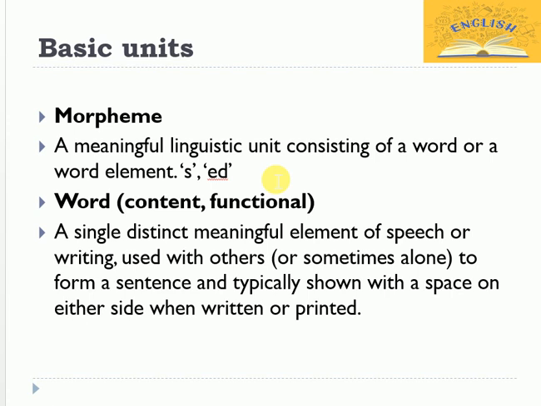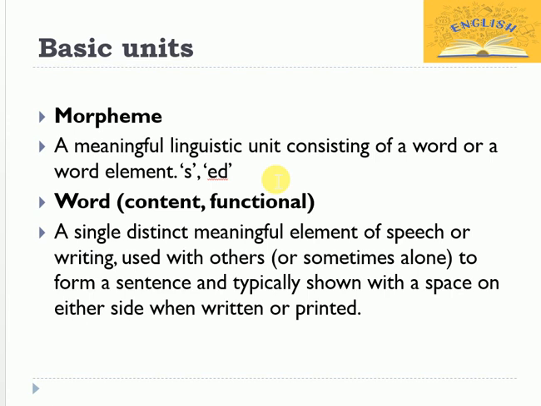Rather, we will move on and discuss the next unit of grammar, which is word. Firstly, what is a word? This is a single, distinct, meaningful element of speech or writing. Now if we see the word and morpheme relation, a word is a morpheme or combination of morphemes to which meaning is attached.